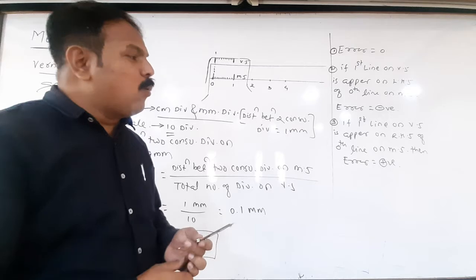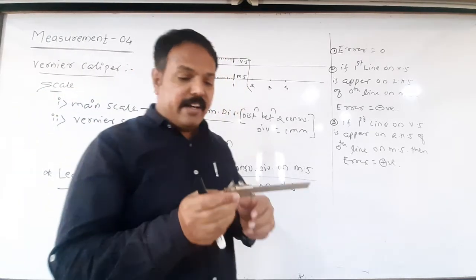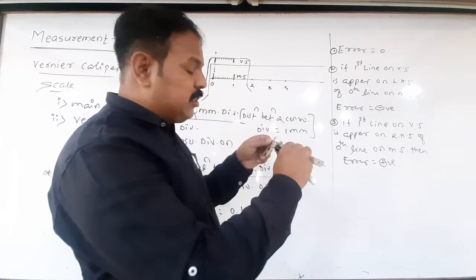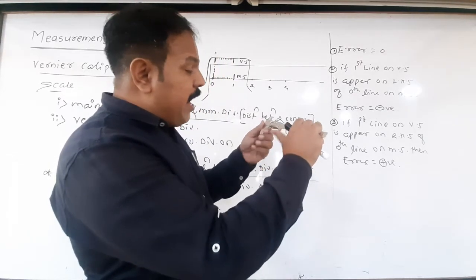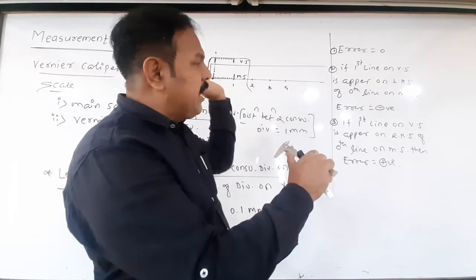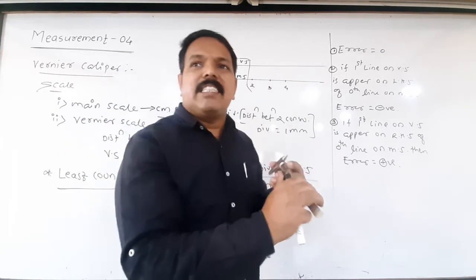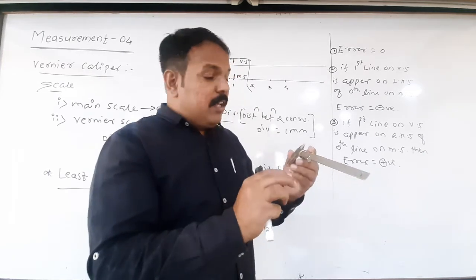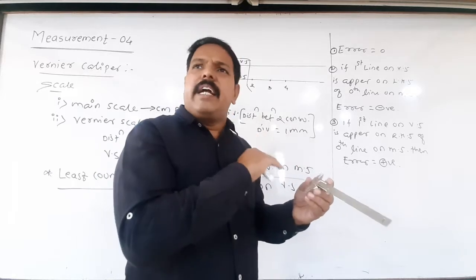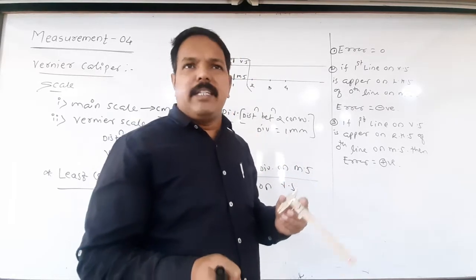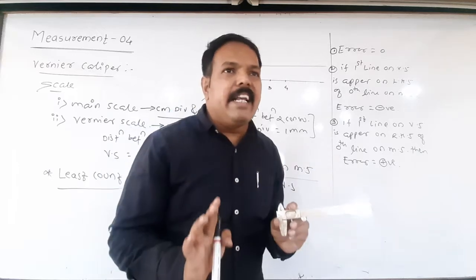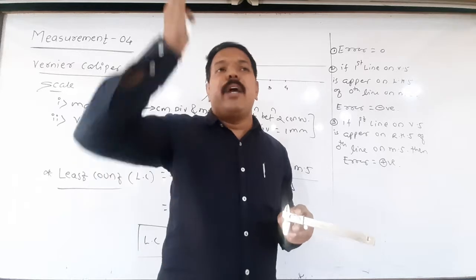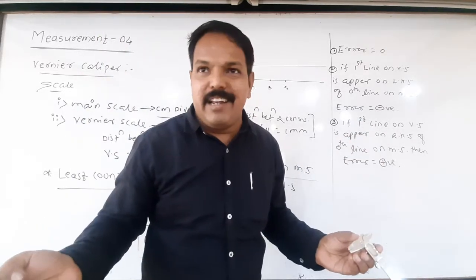Then the question arises, how to measure that error, how to calculate that error. Suppose this is the device, and let it be a device with non-zero error. The first line may be on the left hand side or on the right hand side of the 0 on the main scale. But among those 10 lines on the vernier scale, see which line is exactly matching with any one of the lines on the main scale.